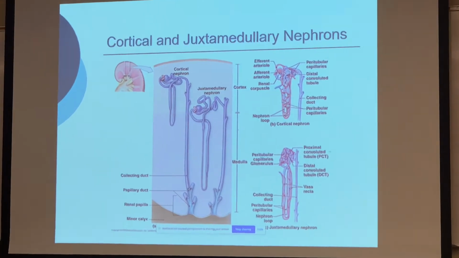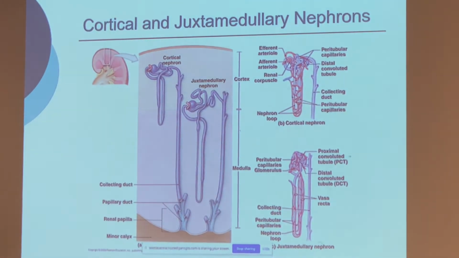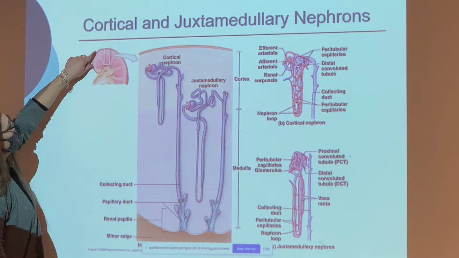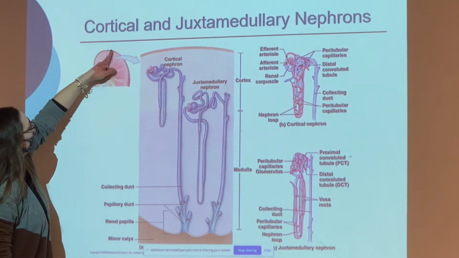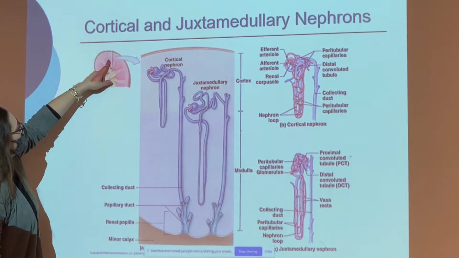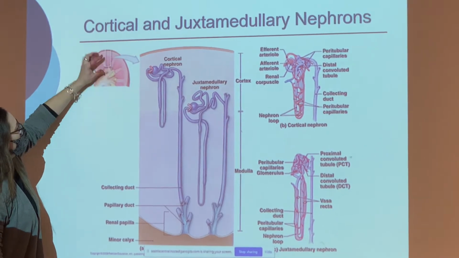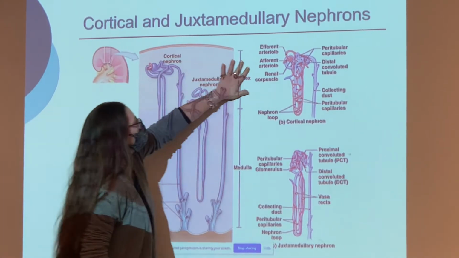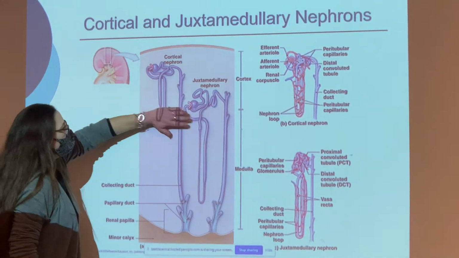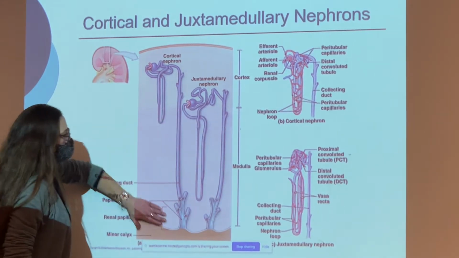So let's go back so we can see how that looks. Actually, I'm going forward 2 slides. So here's our kidney. We've got our fibrous capsule. This part up here is the cortex. And then we have renal pyramids. So if we take this right here and put it here, this part right here would be the cortex. And then this part right here would be the renal pyramid.